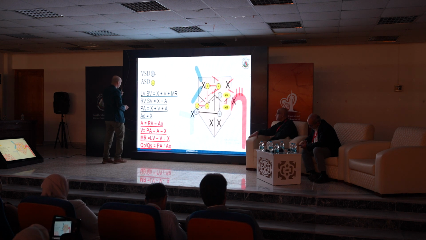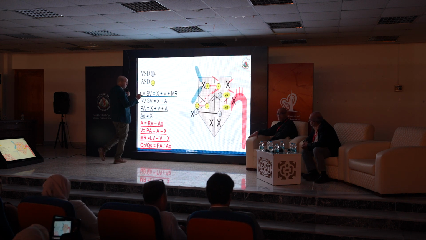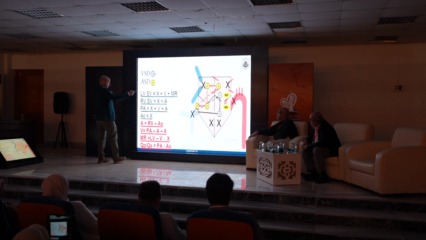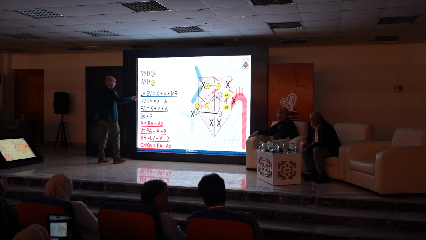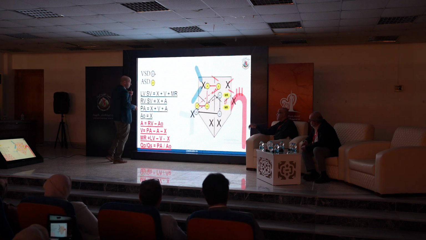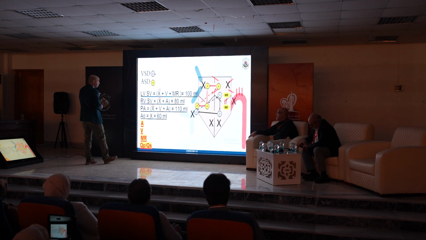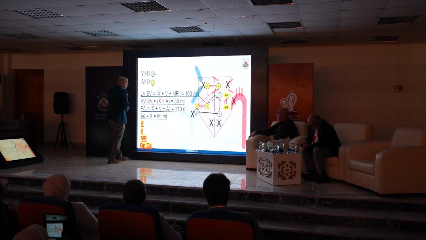We have how many unknowns? 3 unknowns, which are the mitral regurg volume, the VSD volume, and ASD volume. But we have an example in this case. We have X, which is 60 millimeters.